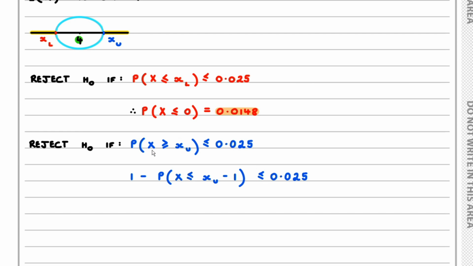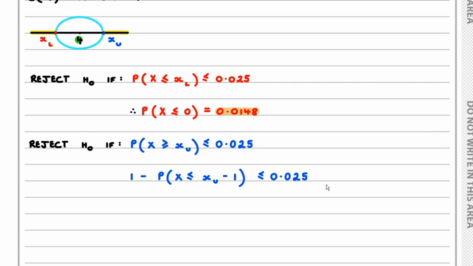And this makes sense. If, say, we had the probability that x is greater than or equal to 6, that's the same as 1 subtract the probability of x being less than or equal to 5.